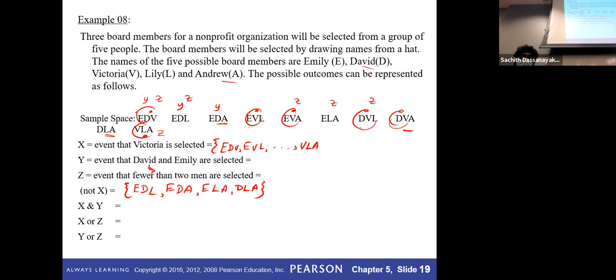Okay, X and Y, which means both should be there. X and Y. What is X? These circles. What is Y? On the top I have mentioned Y. So circle and Y. First one, yes, right? So first one EDV.